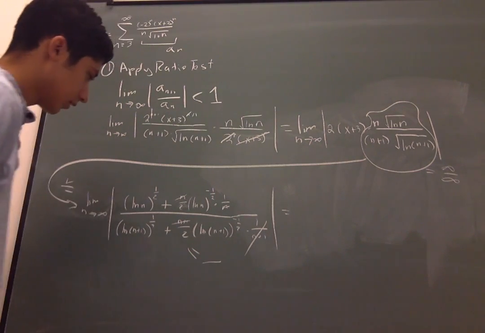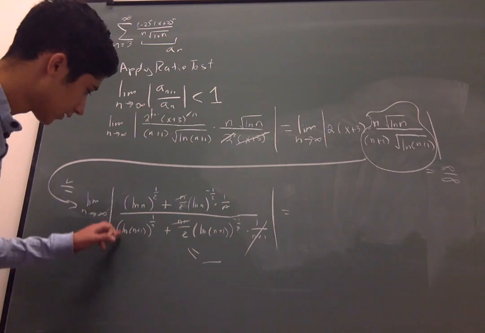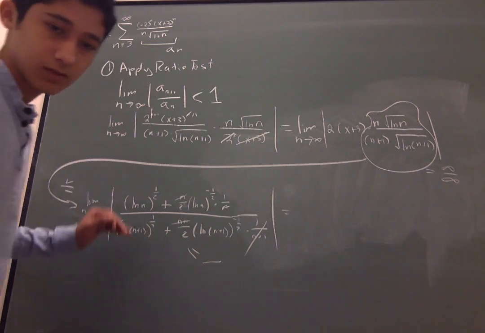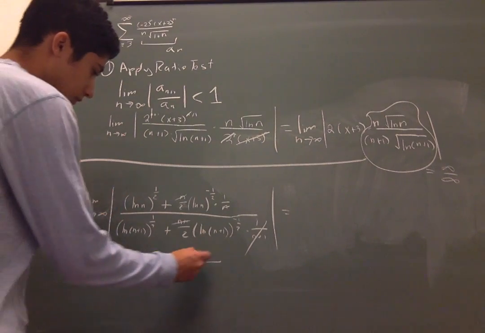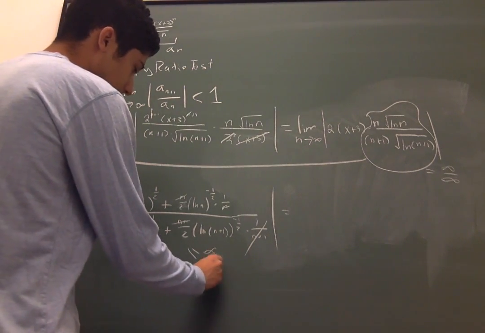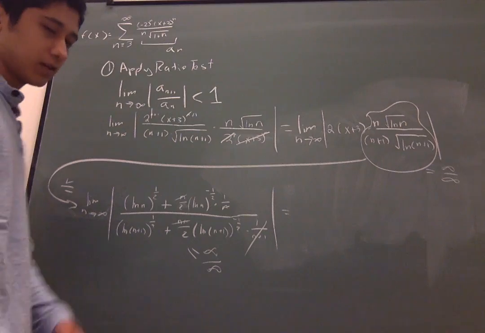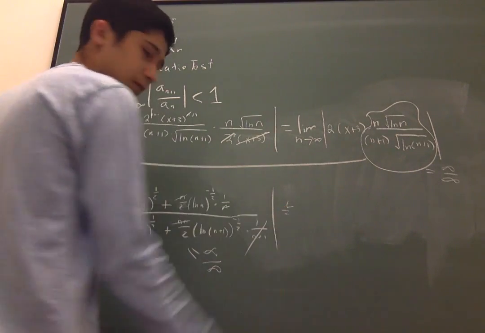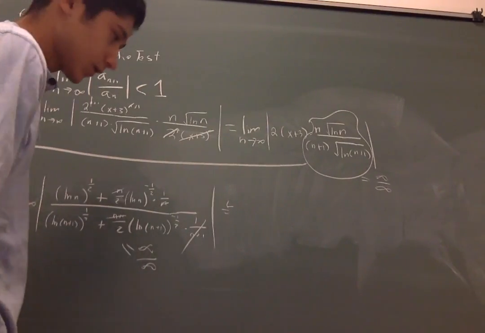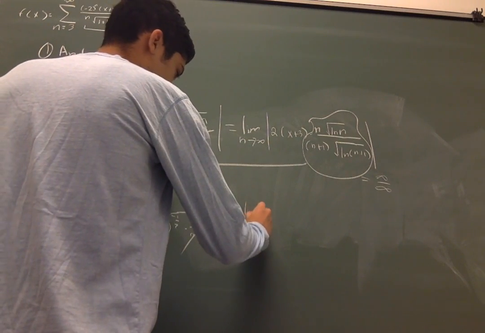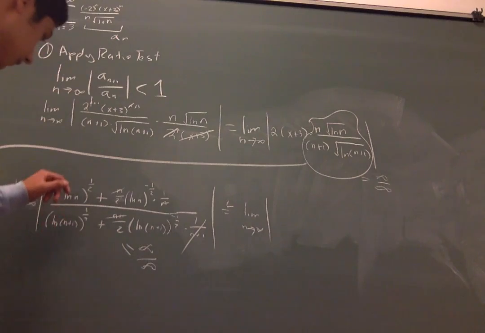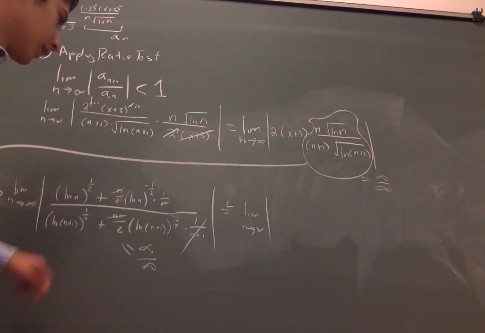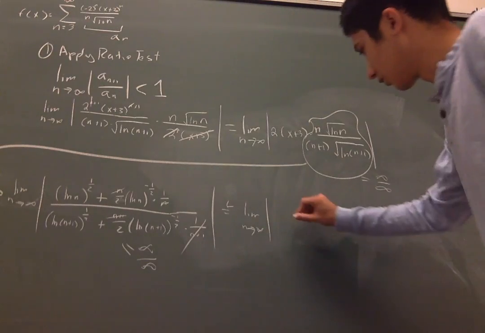So this limit, since these are on top, will also equal infinity over infinity. So we have to apply L'Hopital's rule one more time. So this will equal the limit as n approaches infinity, and we apply the chain rule.